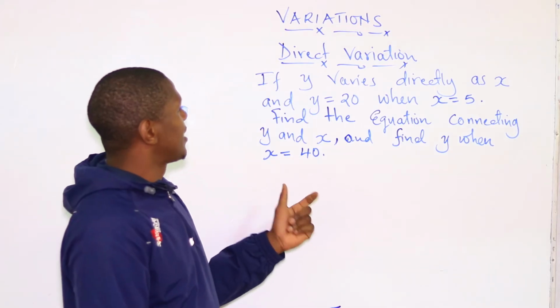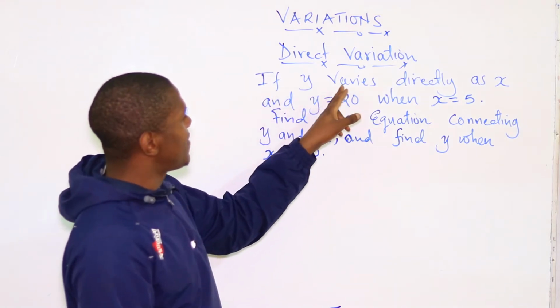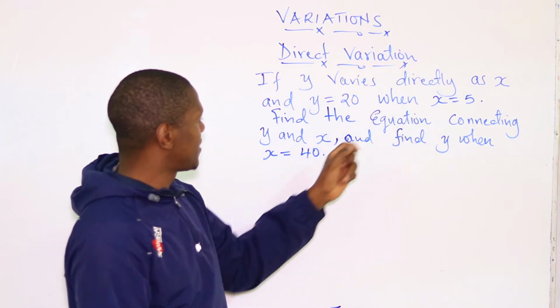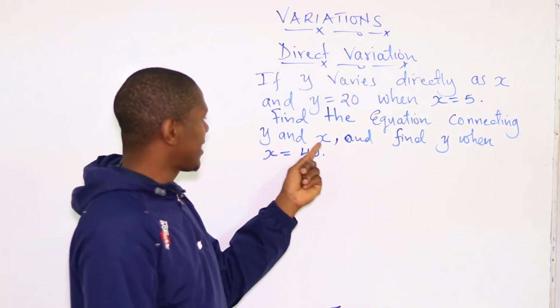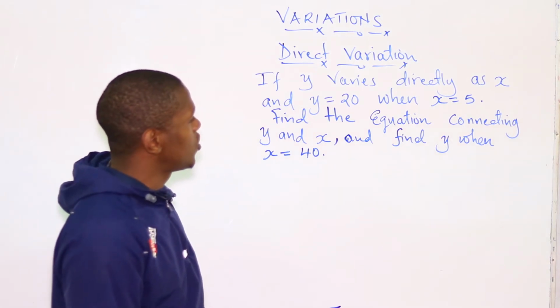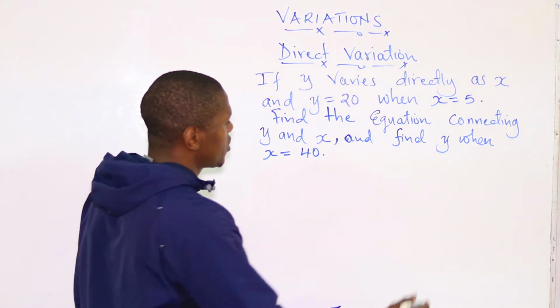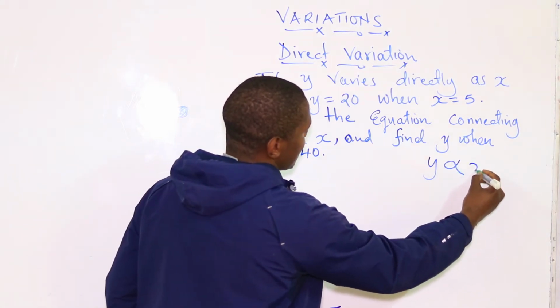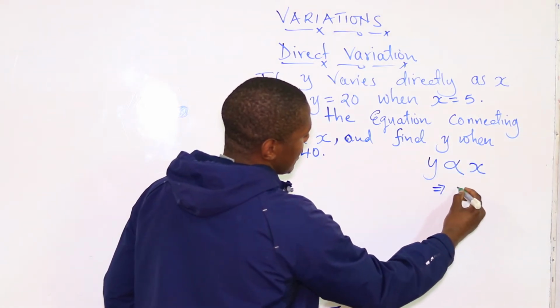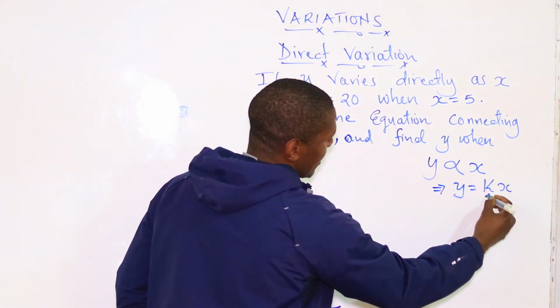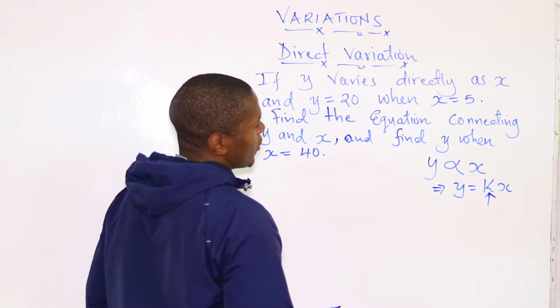On to example 1. You're being told if Y varies directly as X and Y is 20 when X is 5, find the equation connecting Y and X and find Y when X is equal to 40. So you're being told Y varies directly as X. So this implies that Y is equal to KX, where K is the constant of proportionality.